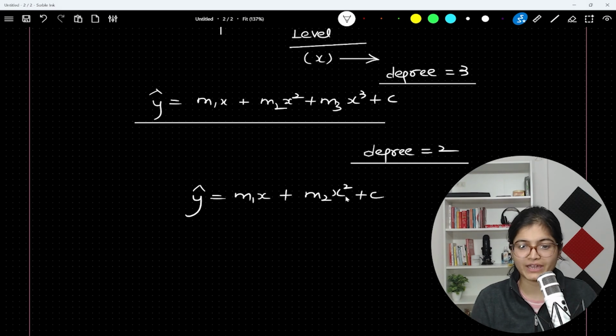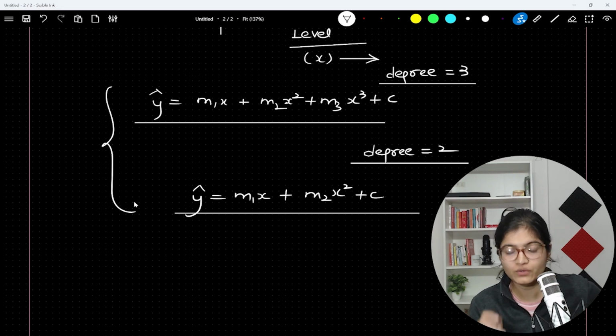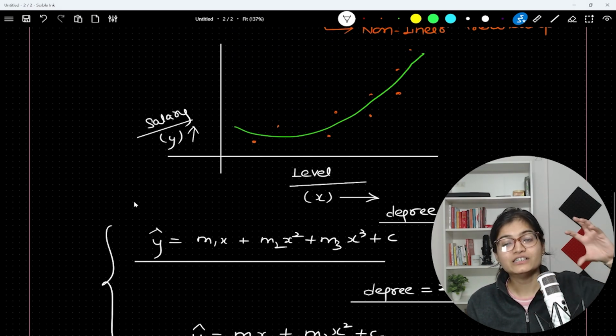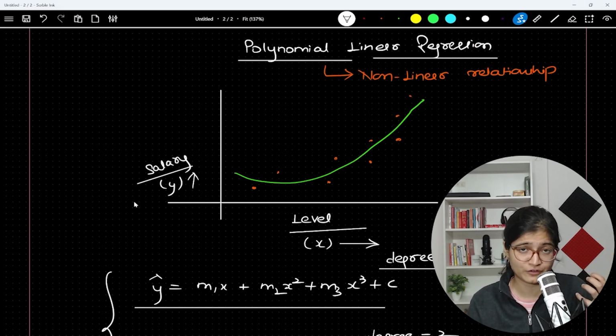In this way you can have a degree of 1, 2, 3, 4 and so on. That's why it's called polynomial regression, right? This is an example of polynomial regression where we have only a single feature, which is level, but it has a non-linear relationship between the dependent and the independent features.